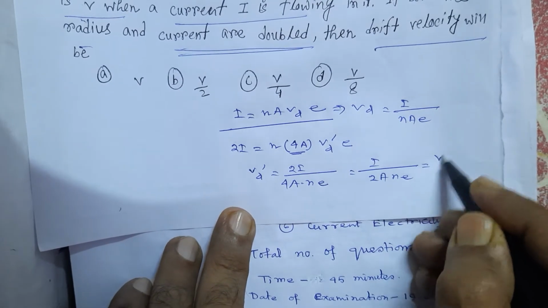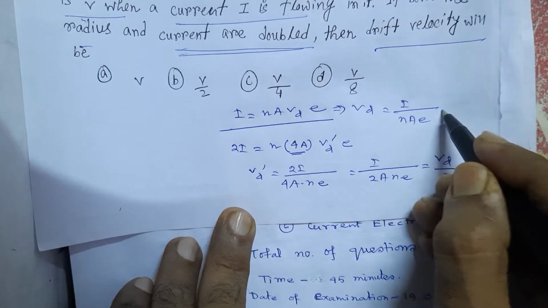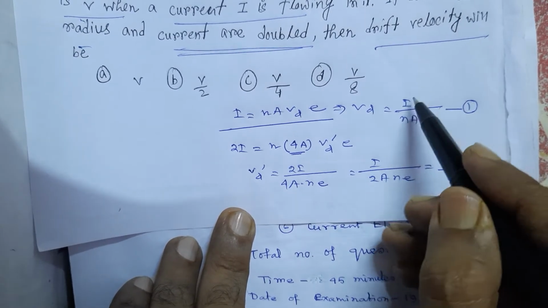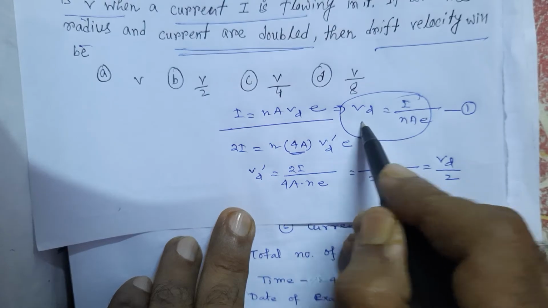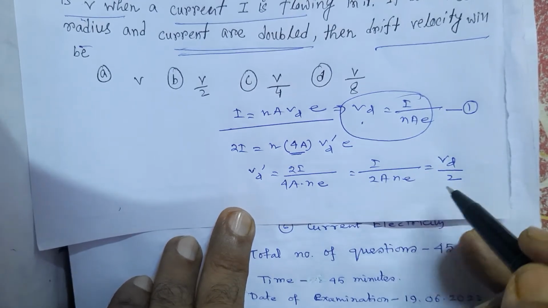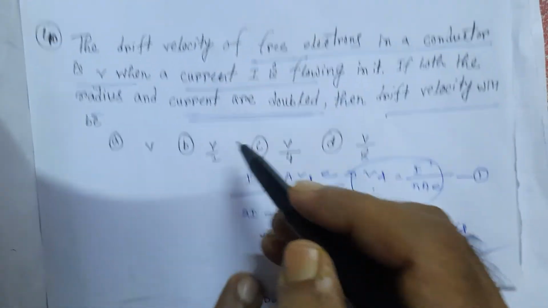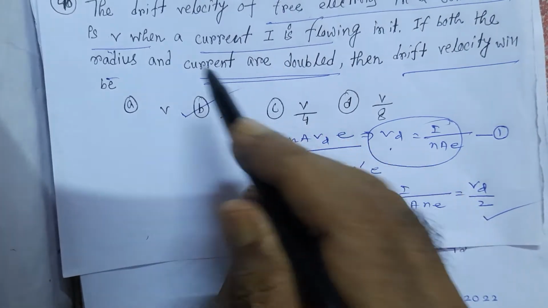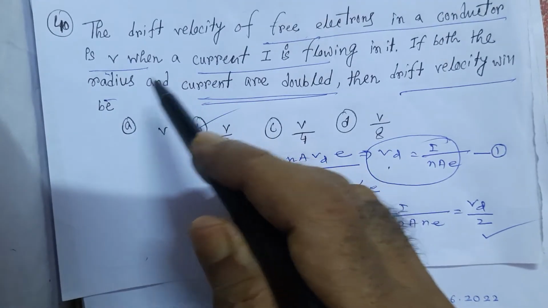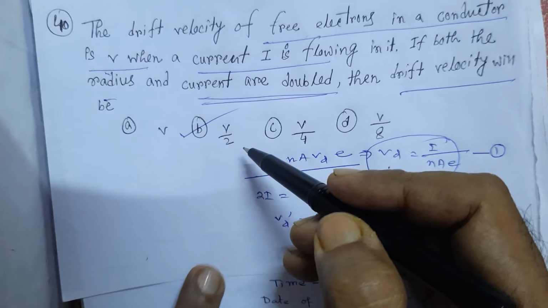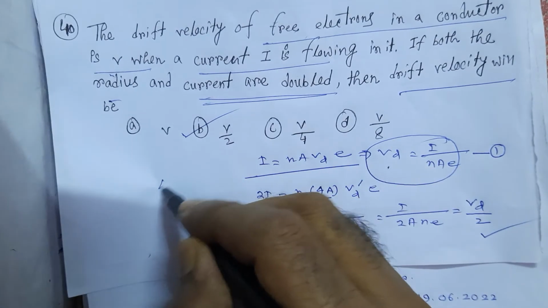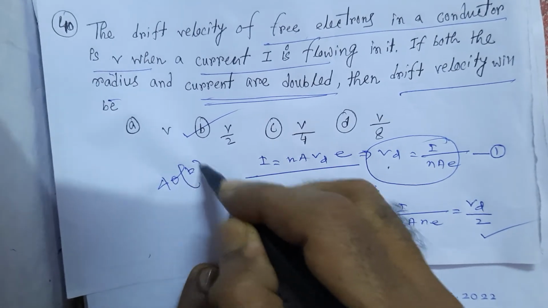Actually, this is V_d by 2. Comparing with equation 1, if we put I by N A E equals V_d, then this is V_d by 2. So V_d by 2 is our correct answer. Actually it is not given as V_d, it is given as V, so our correct answer is V by 2. So the correct choice of question number 40 is B.